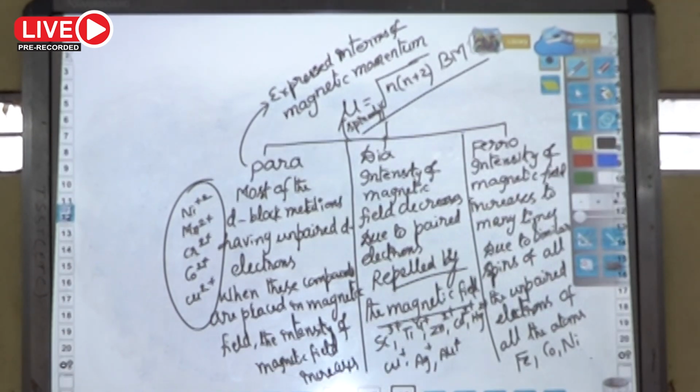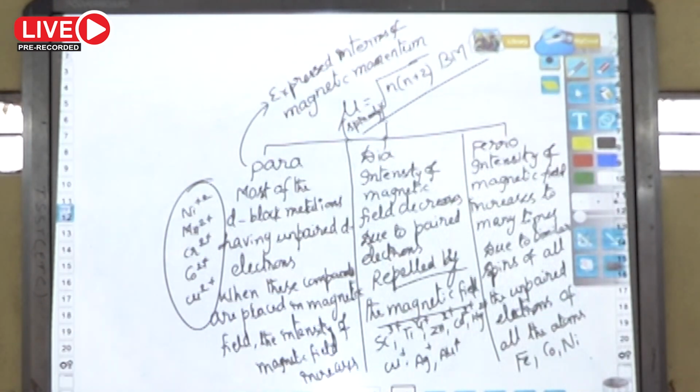That is called orbital motion. So two types of motion for the electron contribute to the magnetic property. But in 3D series, what they have found is the magnetic moment is mainly due to spinning of the electron, but not the orbital motion or revolution around the nucleus.